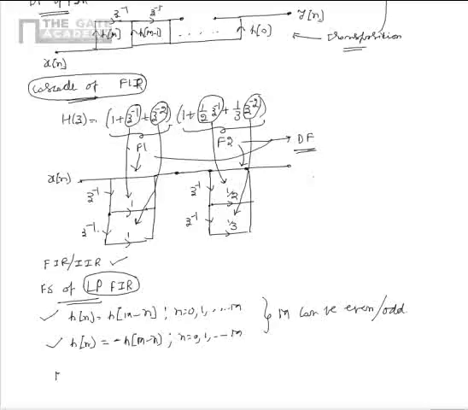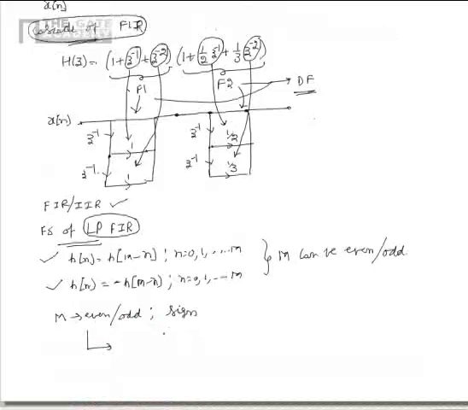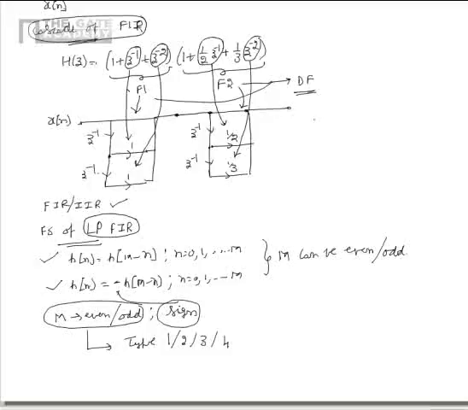So depending on M, that is even or odd, and the sign, that is plus or minus, we can realize the filters. We can classify the linear phase FIR filter as type 1, 2, 3 or 4.